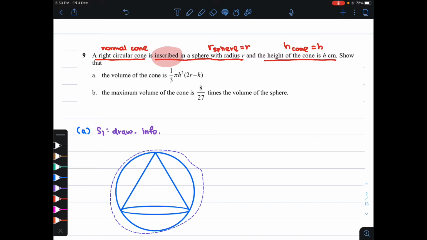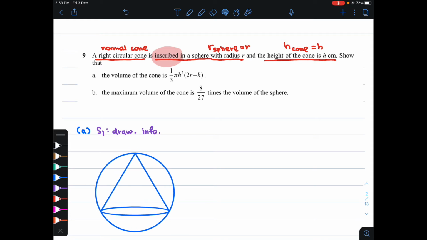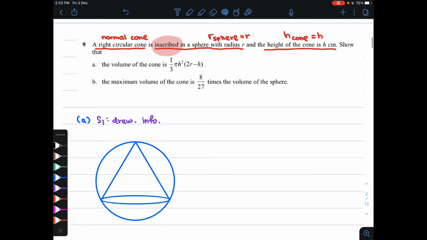So, step 1, macam biasa kita lukis. So, dapatlah macam ni. Okay, untuk memudahkan, bahagikan sphere kamu ni, bahagi dia kepada tengah-tengah. Okay, kat sini kamu nampak kata, hujung cone, dia sentuh kamu punya sphere. So, itu maksud inscribe. Let's take out the info. Radius of sphere is r.